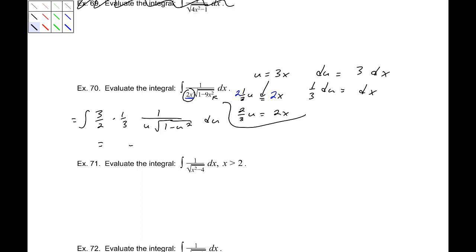It's going to be a negative 1/2 hyperbolic secant inverse of the absolute value of u plus c. The 1/2 comes from our constants we factored out and our adjustments there, and the negative because that's just in the rule. Now our u is 3x, the absolute value of 3x plus c.